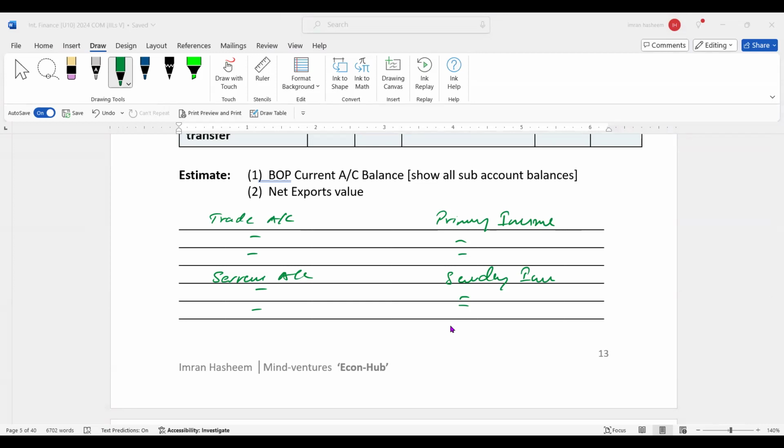Primary income includes basically primary resources, but we consider mainly compensation of employees, under the condition that it has to be residents, right? And then we take IPD. So when you do a question, the objective is to apply your knowledge. I'm sure you guys will get this done properly. I'm confident that there wouldn't be an issue.